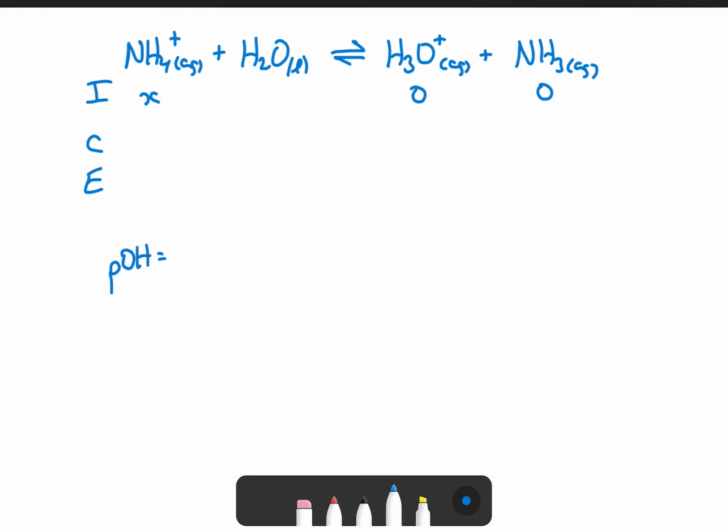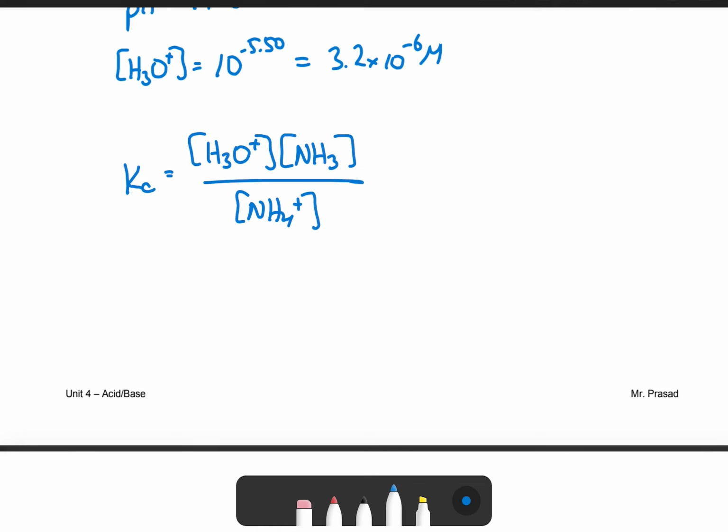Now with our ICE table completed, let's go ahead and write our Ka expression. We can look up the Ka for the ammonium ion, and this is equal to 5.6 times 10 to the minus 10.